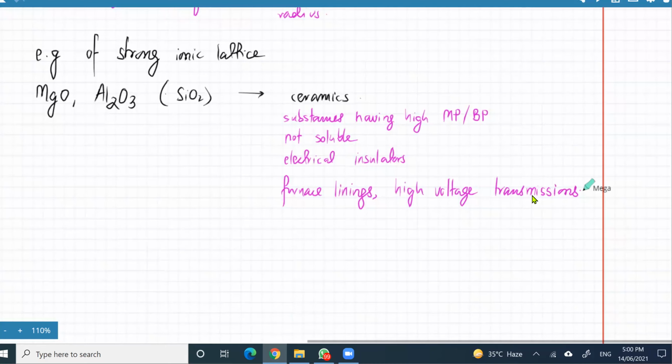Even if it's a covalent molecule, even if you have a plastic cable, if the voltage is really, really high, the high voltage is energy per charge. So because the particles would be so charged, the covalent bonds and the ionic bonds would all get ripped apart. So you want something which has strong forces of attraction so that it doesn't let that happen. So magnesium oxide and aluminum oxide are good ceramic materials.